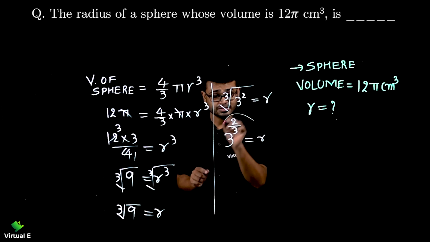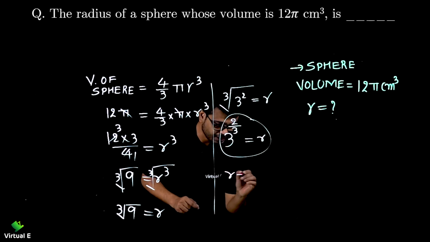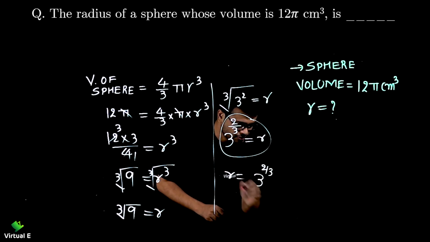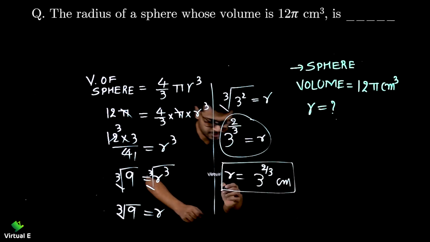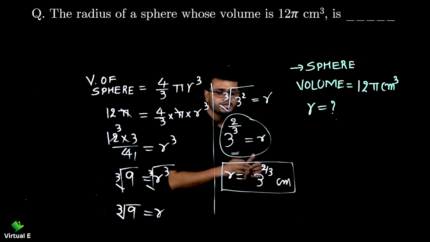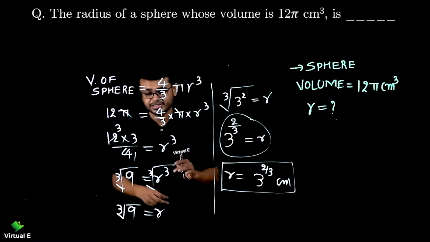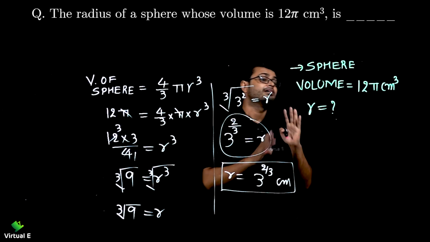When you see the answer options, there is one answer like this. And don't forget the unit: the value of r is 3 raised to 2 by 3 centimeter. Simple. The method is very simple. So the value of radius, this simplification is important at this step based on the options given over here. So this is how we find the value of the radius.